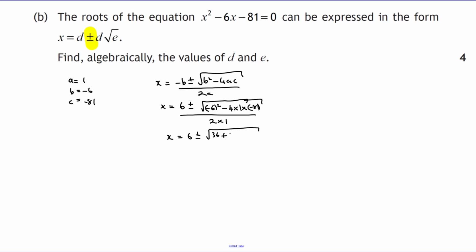So it's going to be plus 324, all over 2. 6 plus or minus, that's going to be 360. That's actually quite a nice number, over 2.